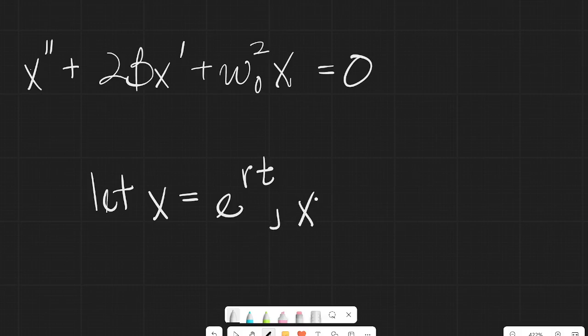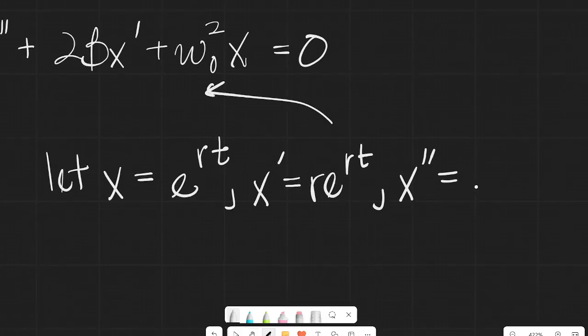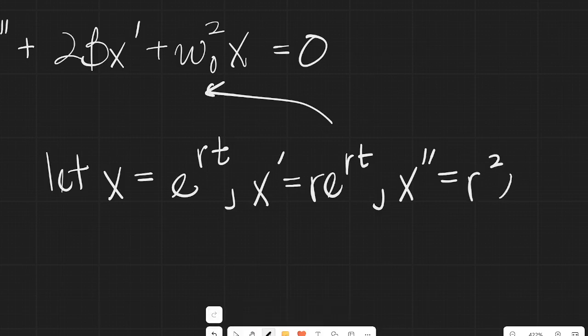Taking successive derivatives and then substituting them back into this differential equation will give me my characteristic equation.